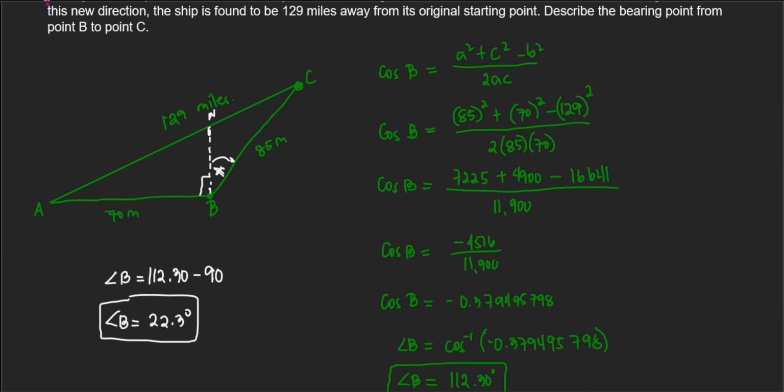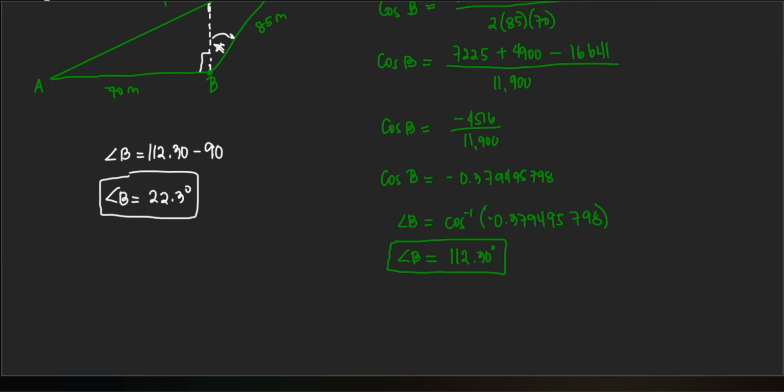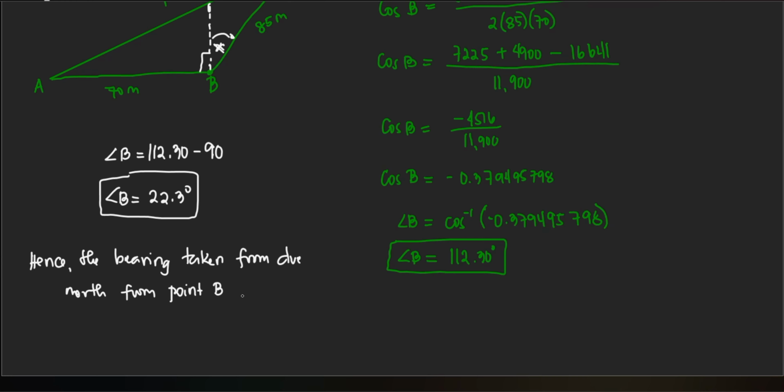So this means it state here that hence the bearing taken from north from point B to point C is 22.3 degree.